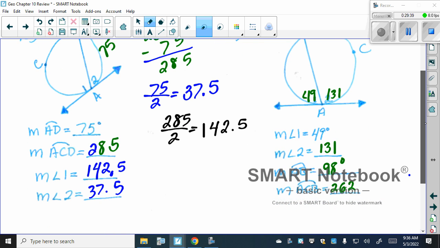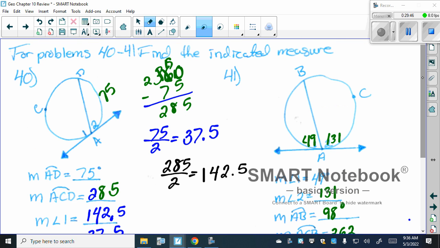So they told us this is 49, yes? ACB. So did you figure? Do you understand how we got AB? Multiply that by 2, yes? Which would be, an entire circle is 360 minus that.